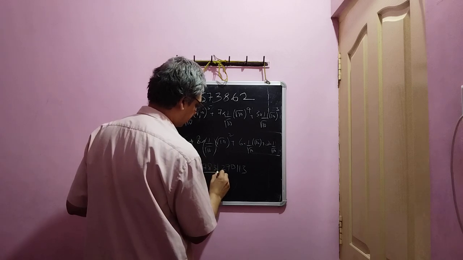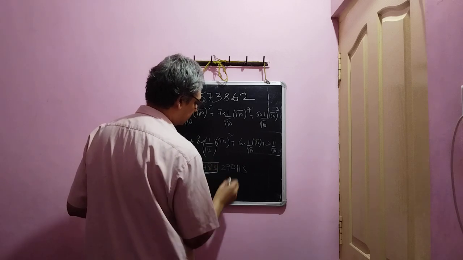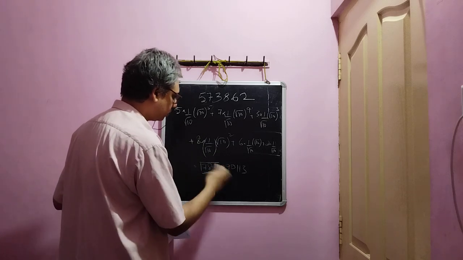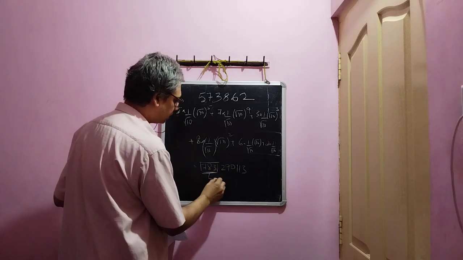So you can just take this value. Since this is a fraction, you can round it up. If it is more than half, you can make it one more. So this value will be the hash value.